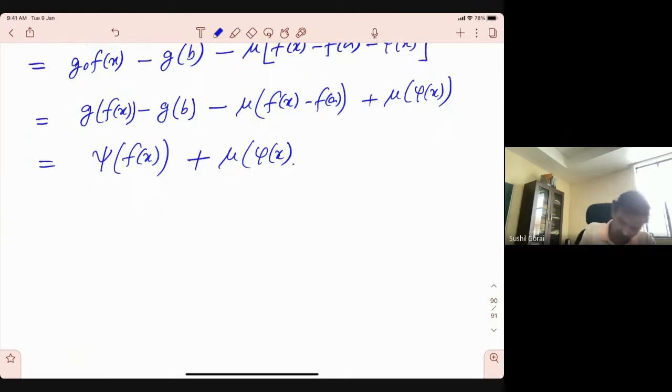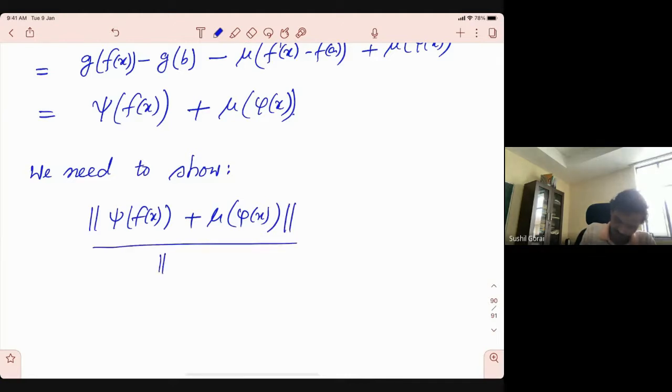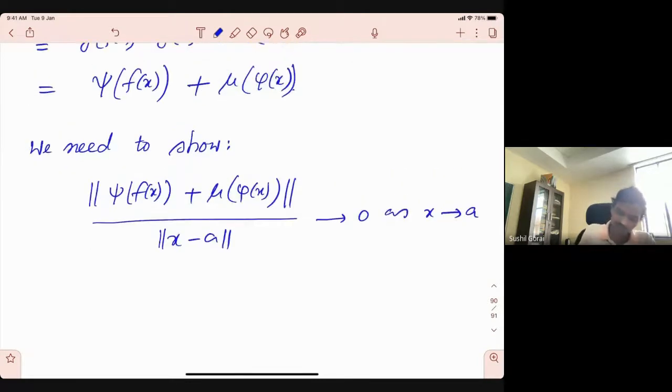So what do we need to show? We need to show that the norm of psi of f(x) plus mu of phi(x), divided by the norm of x minus a, tends to 0 as x tends to a. This is what we need to show. We will use the triangle inequality here and show that each term actually goes to 0.